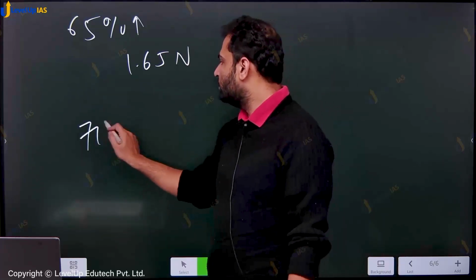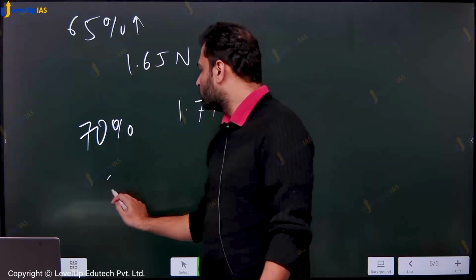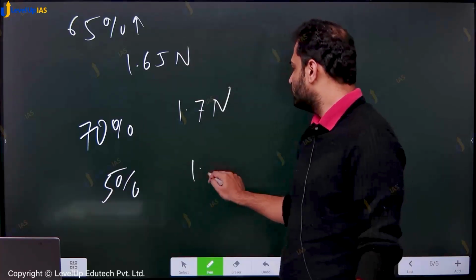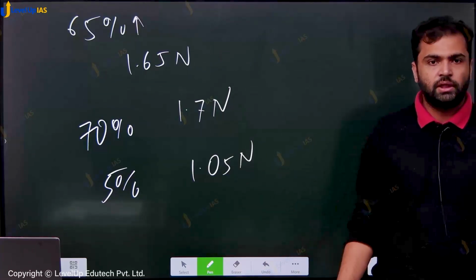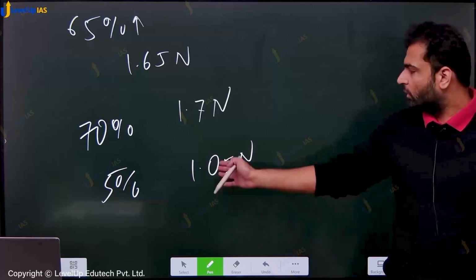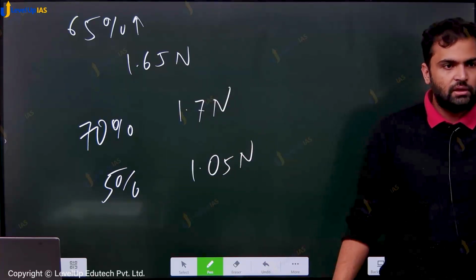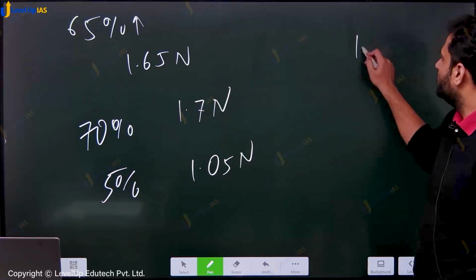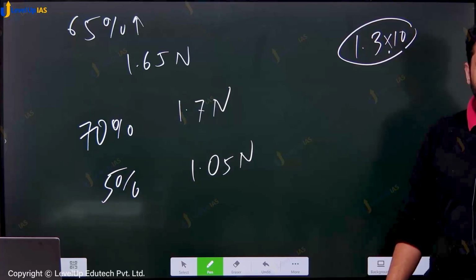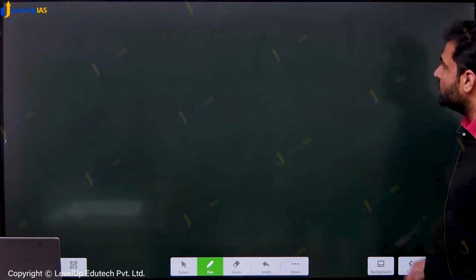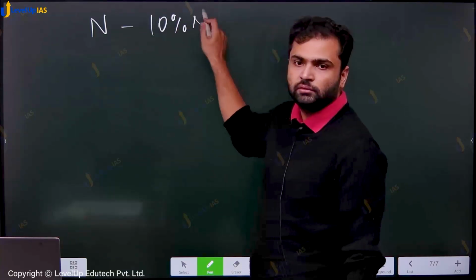For 70%, 1.7 times n. For 5%, the new number is 1.05 times n, and so on. The number could be anything. In our case the number was 10 because we had assumed the length as 10, so after a 30% increase it is 1.3 times 10.